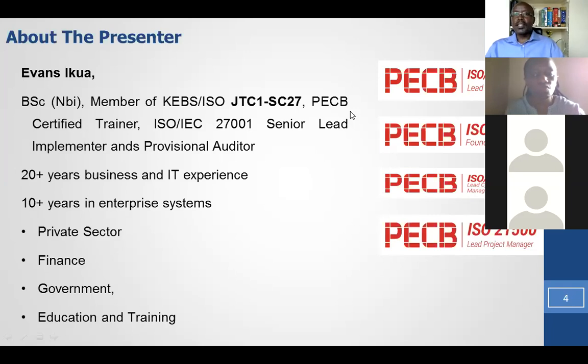ISO 27001 and the ISO 27000 family of standards are just some of the standards that we normally look at in that committee. I participate a lot, and I've been doing that for over 10 years. I participate in the creation, updating, and review of all these management systems and systems that deal with IT security techniques. I've been in the IT industry for over 20 years, 10 of which have been in enterprise systems, with wide experience in the private sector, public sector, government, the finance sector, and also in education and training.